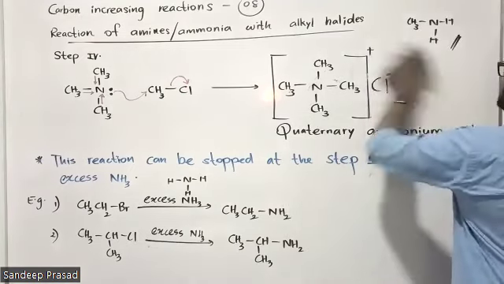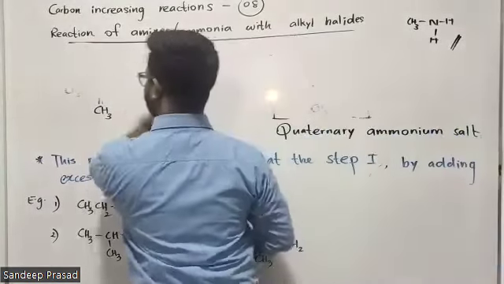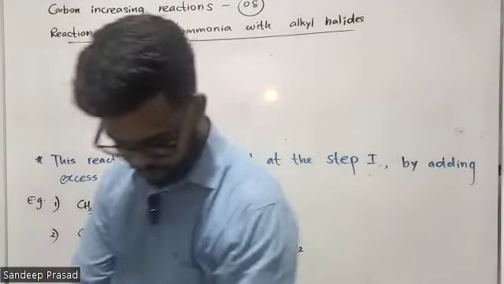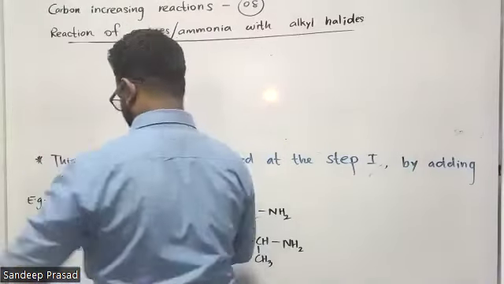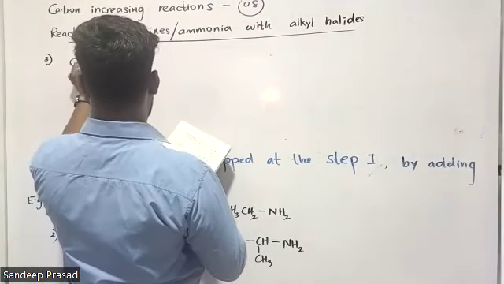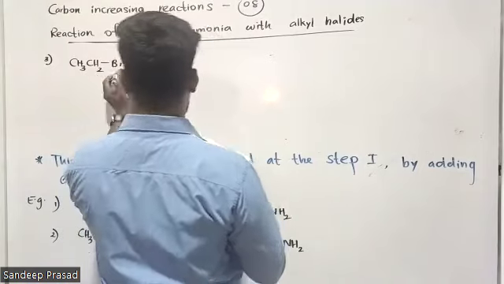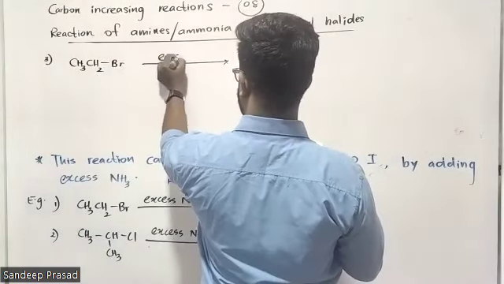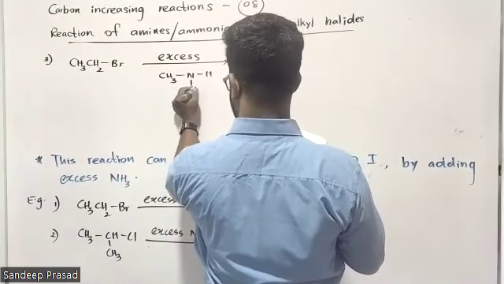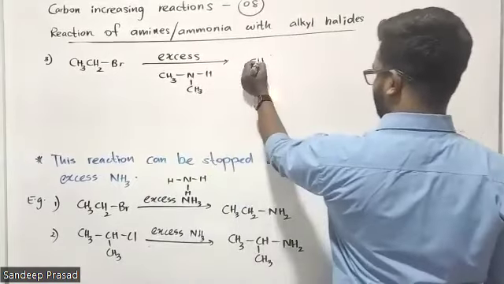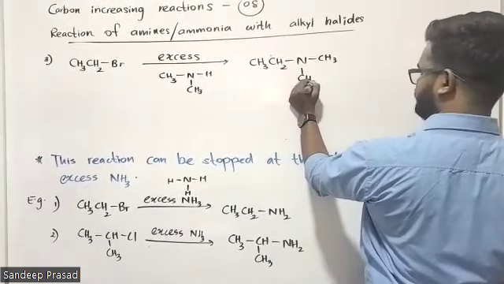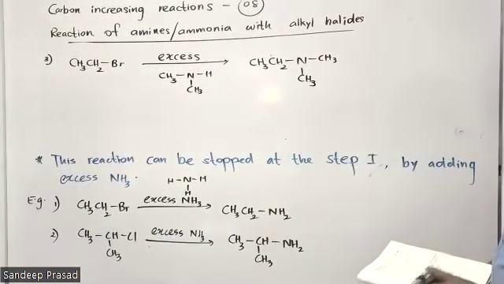Done. Third example. CH3CH2Br, excess, in this way.